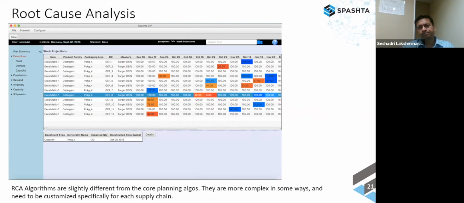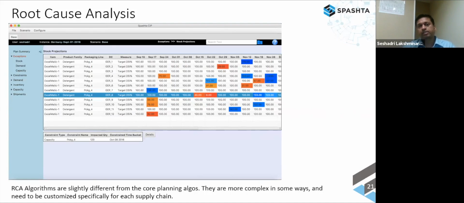And in many cases, that part of it is not very elegantly answered by the software. And if you build an Excel sheet to do the planning yourself, it might be a little bit of a challenge to then do a root cause analysis in an automated way as well.